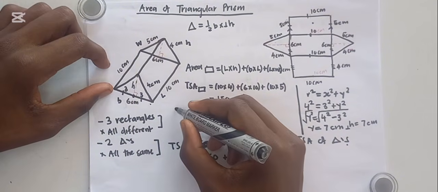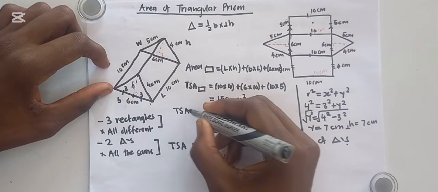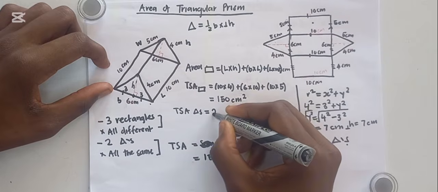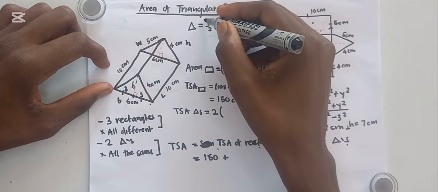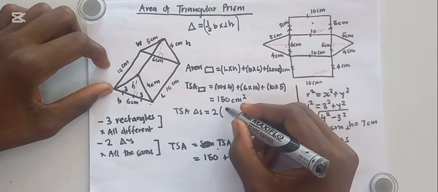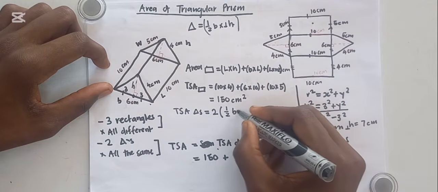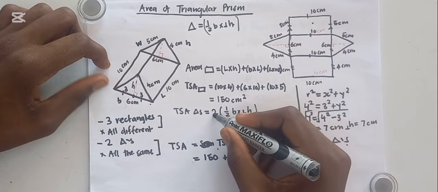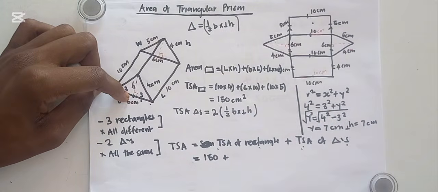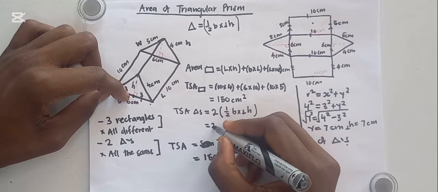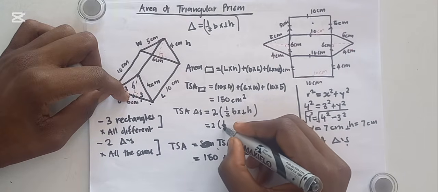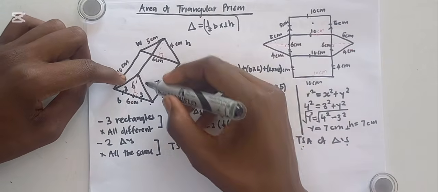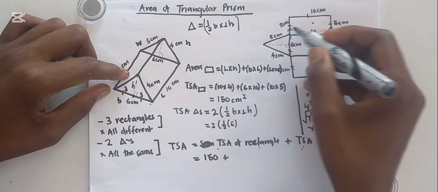So to find the total surface area of what? Of the triangles. How many triangles are there? It is 2. So since we know that the area of one triangle is half base multiplied by the perpendicular height, why do we put 2? Because we have 2 triangles that are the same. So we're going to have 2, 1 over 2. Our base is 6, and our perpendicular height is not 4, and it's not 5. It's what?